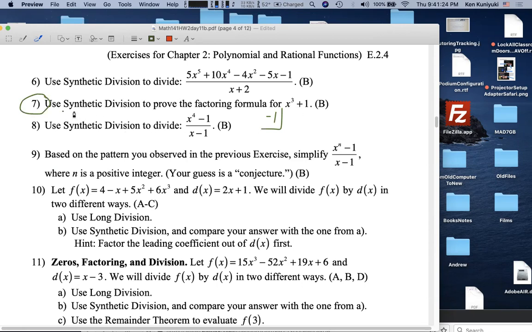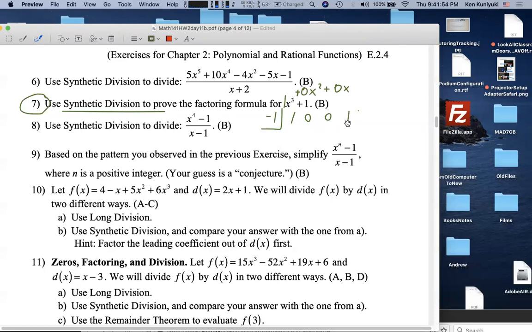Now here I'm telling you use synthetic division. Be careful. Missing terms. Don't just write 1 and 1. You need the missing terms, or at least their corresponding coefficients. The coefficients here are 1, and then 0, and then 0, and then 1.